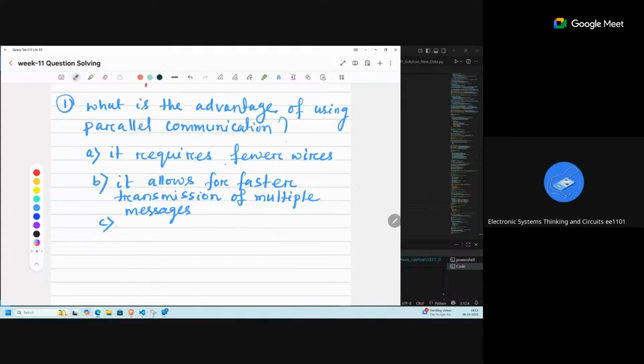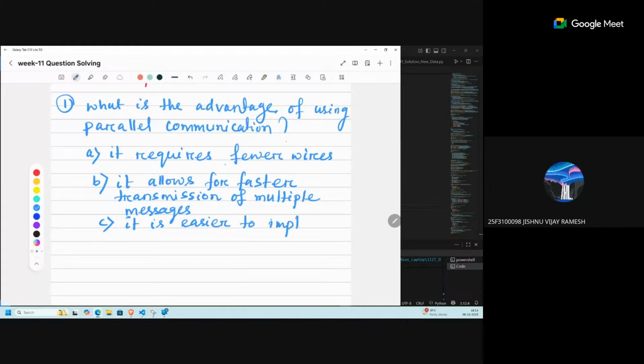Third option is it is easier to implement. And fourth option is it reduces the cost of communication. Can anyone answer me so that I can discuss each and every point?